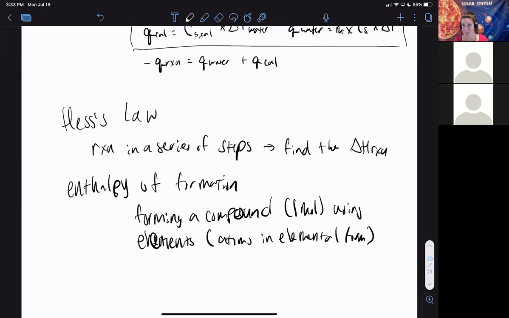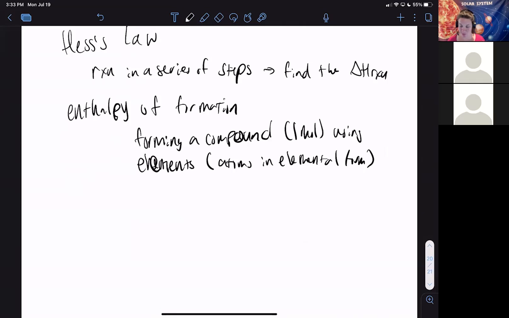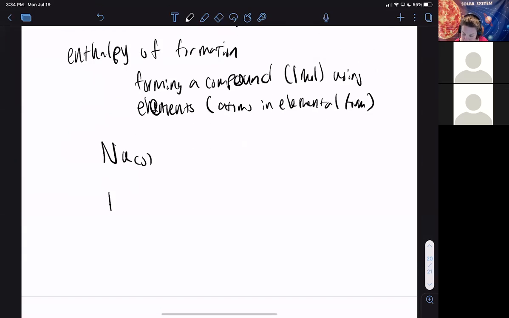So when we're thinking about those enthalpies of formation, we need our elements in their elemental form. If we have any metal besides mercury, we'd have that metal as a solid. Mercury would be metal and liquid. And then we have our diatomics.